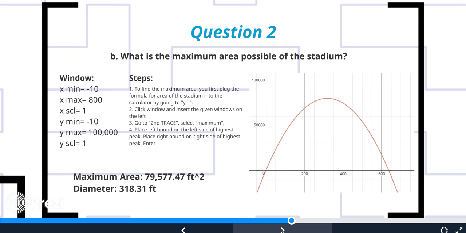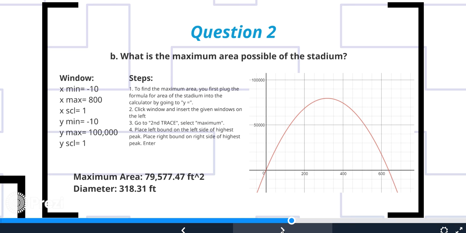And the y minimum will be equal to -10 and the y maximum is equal to 100,000. This is so you can see the x-axis and all the way to the peak of the parabola. Both scales can remain 1 just to keep it easy. So now you have your windows set, you can go to second trace and then select maximum. It will bring you to the graph of the parabola. First you need to put your cursor on the left side of the maximum peak and hit enter.